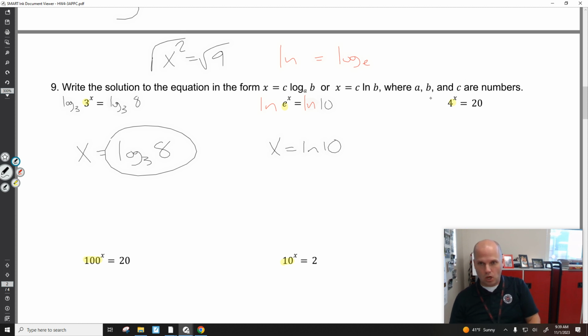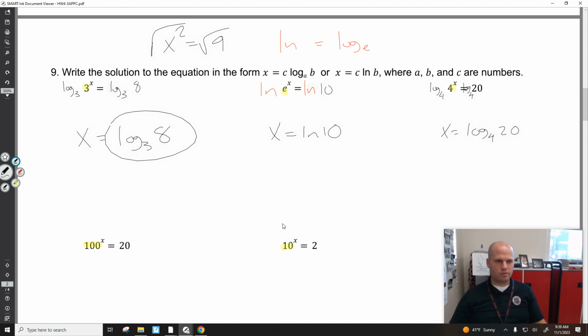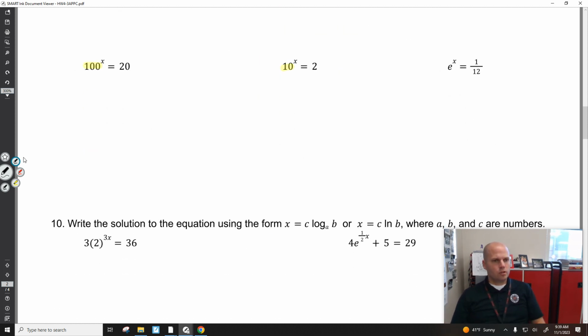Here, I would take the log base 4 of both sides to solve for x. This is something I could find out in a calculator, or you look up in a table, and you get an approximation. Okay? So, other special logarithms.